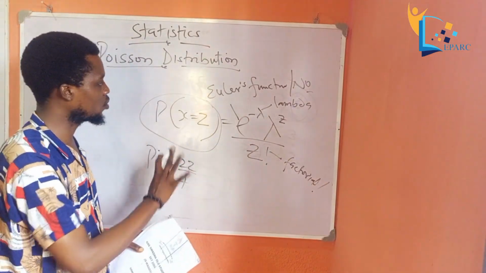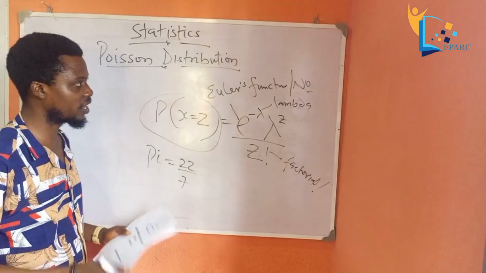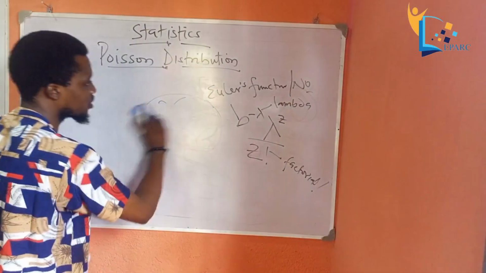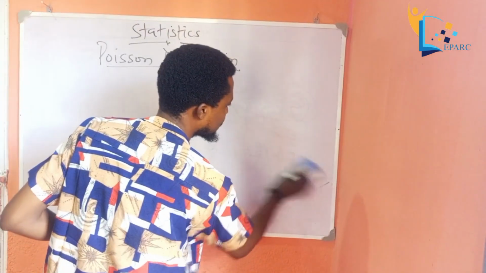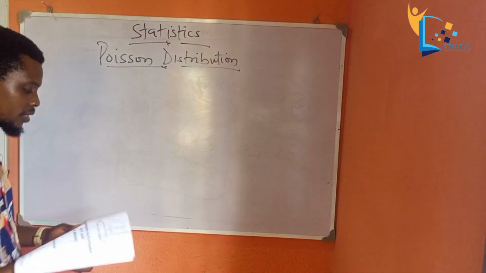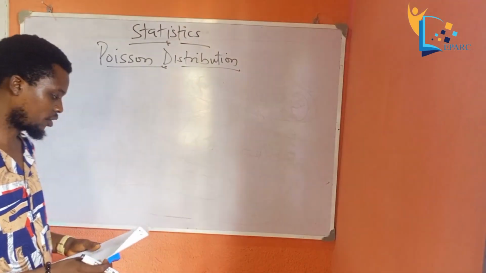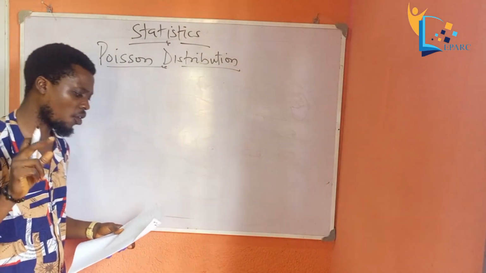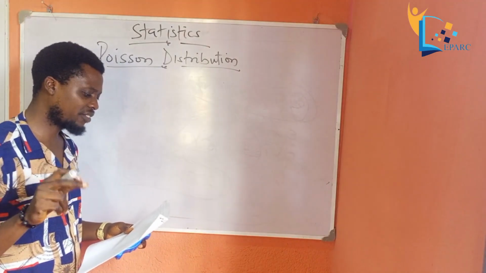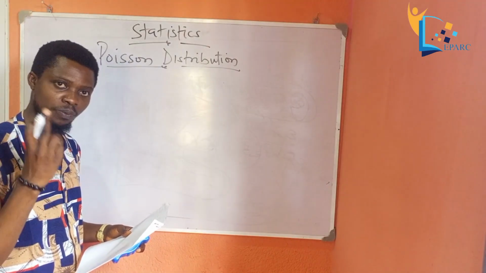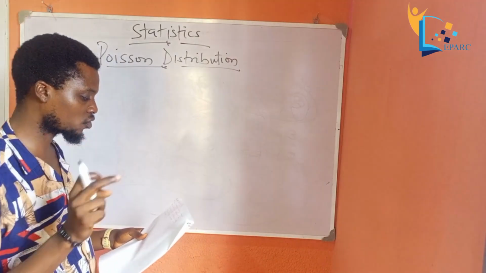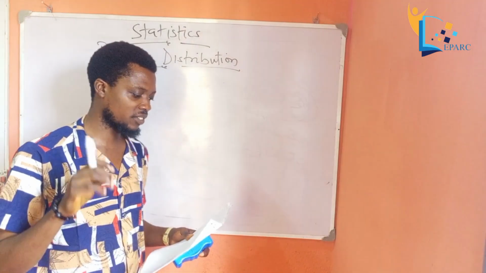Okay, all right. Having done that, let's go straight to a question. Let's solve the question to help us understand it better. Now we have here question 1. The average number of customers that arrive at a restaurant per minute is 2.